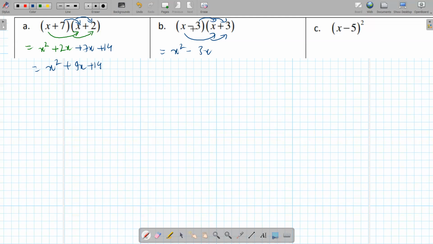So you look at the sign. Actually, this should have been plus 3x, because we did x times x plus x times 3. And then we're going to do minus 3 times x. What does that give?